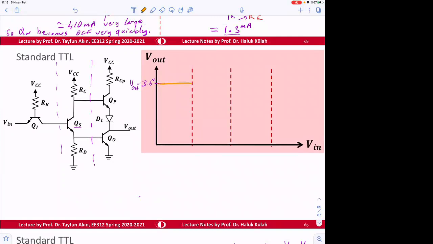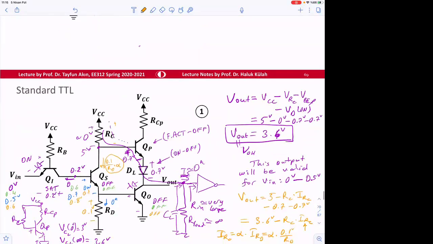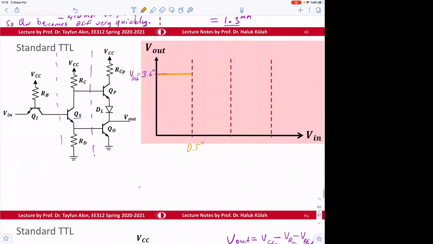But the critical thing here is that this voltage will remain here until what? What was the input? Nothing changes until 0.5 volt, right? When this was 0.5, nothing was changing, but after 0.5, output starts changing.